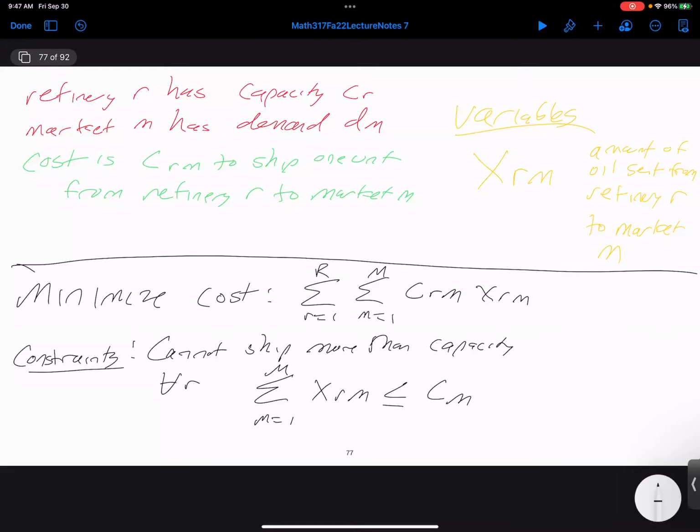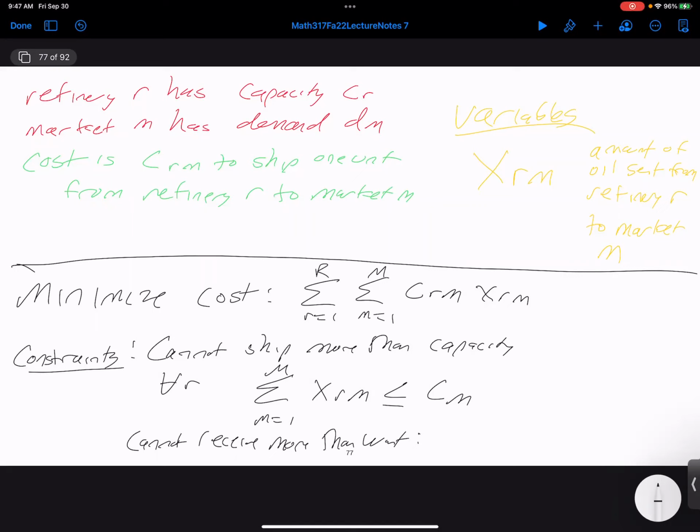Can you think of another constraint? A market can't receive more than its demand. Good. Now, there are actually times when you would want to receive more. For instance, you might want to build up a strategic reserve. So, cannot receive more than want. And now instead of for all R, it would be what?